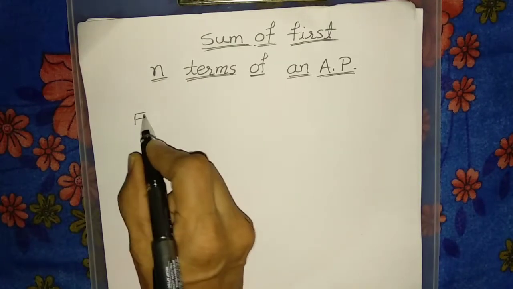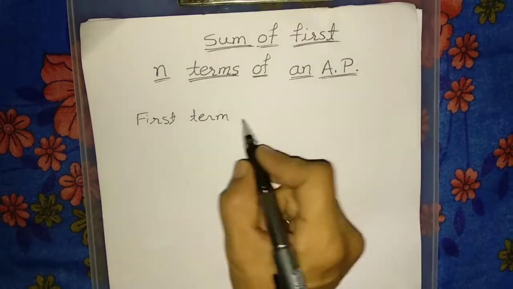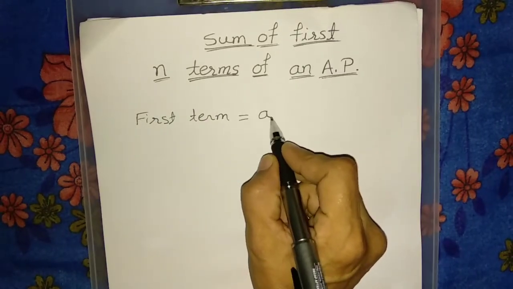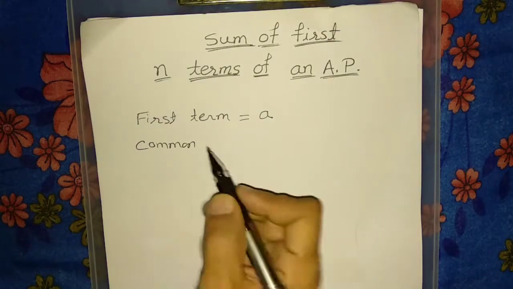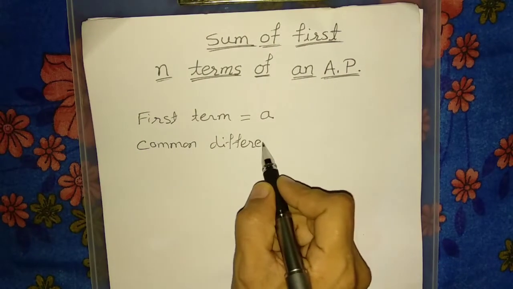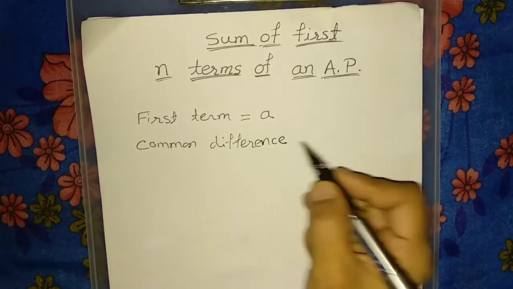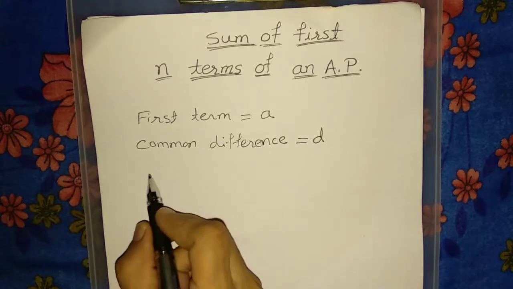The first term of an AP is denoted by a, and common difference is denoted by d.